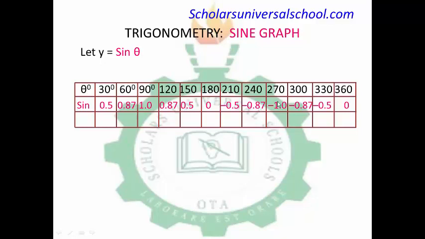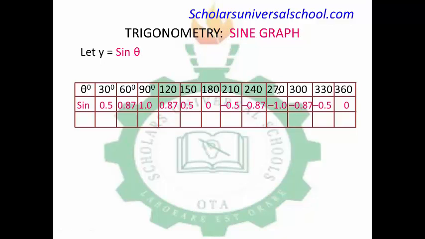If you get to the next one, this is 270 degrees. 270 degrees is still in the third quadrant, and sine 270 degrees should give us minus 1.0. This is because if you subtract 180 degrees from 270 degrees, you have 90 left.